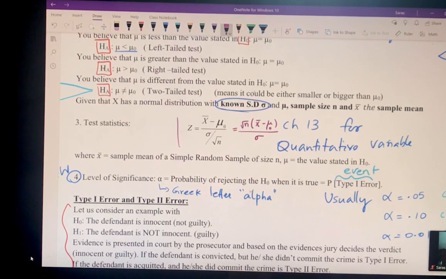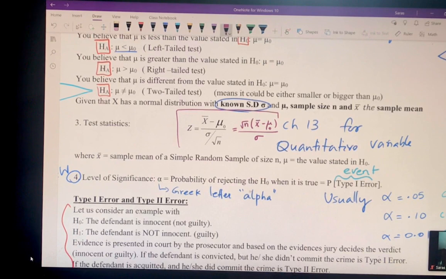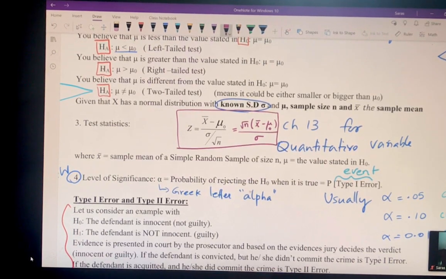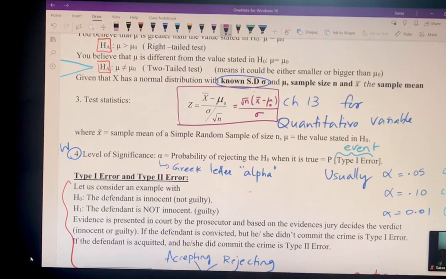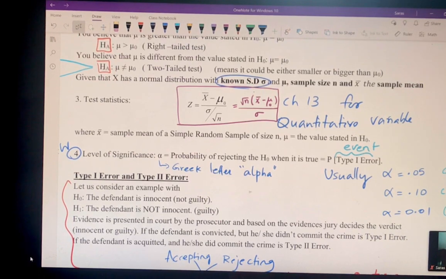So this is going to be the z-score formula that I'm bringing from chapter 13 into chapter 14. All right, so this is not new to you. We have already worked on this one, okay? And I told you that this is the application of the central limit theorem for quantitative variable. So chapter 14 is the application of the central limit theorem for quantitative variable.